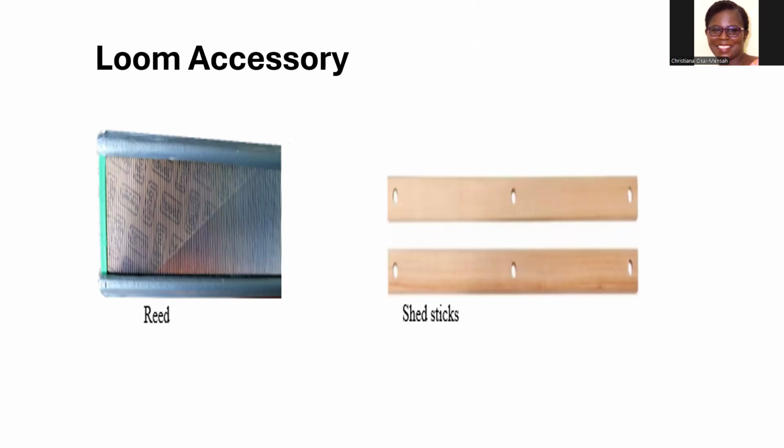You see, it has a close setup. So that one we are not going to use the 24. You use about 48 or 56-inch reed. Okay. So that is about the loom accessories. They are not part of the loom, but without the loom accessories, no proper weaving can take place. So these are the differences.